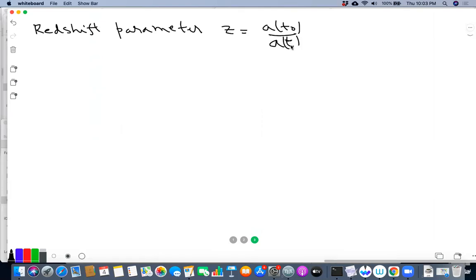So A of t0 over A of t minus 1, which you can also write as 1 over lambda of t minus 1. So today, of course, Z is 0, because for t equal to t0, you can clearly see that this is 0.